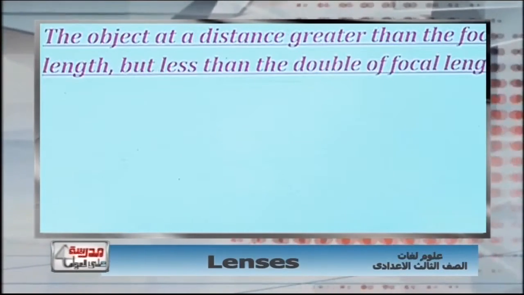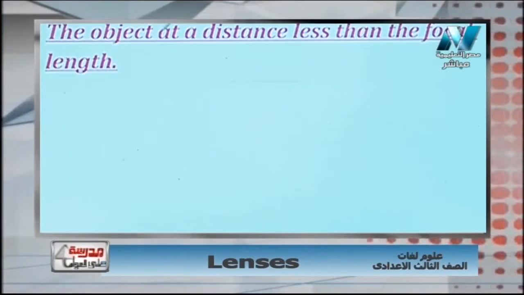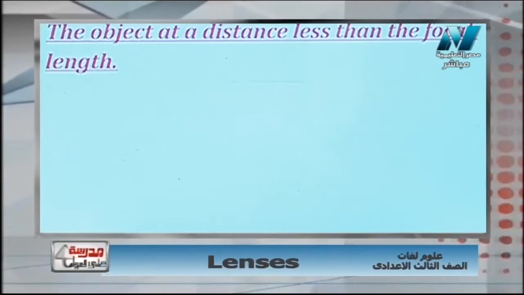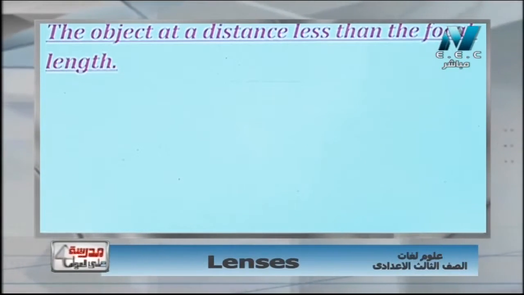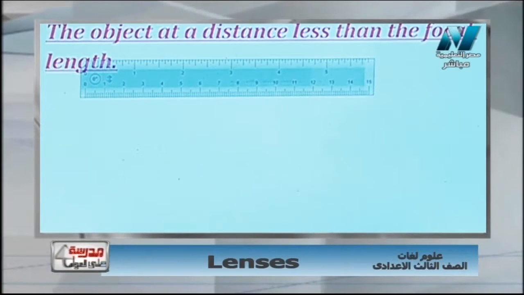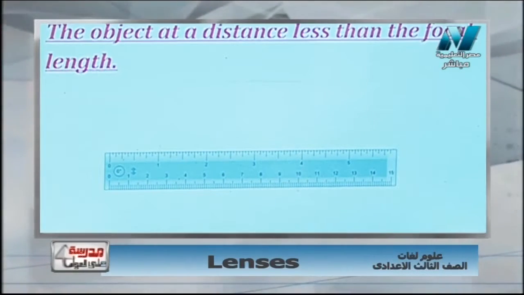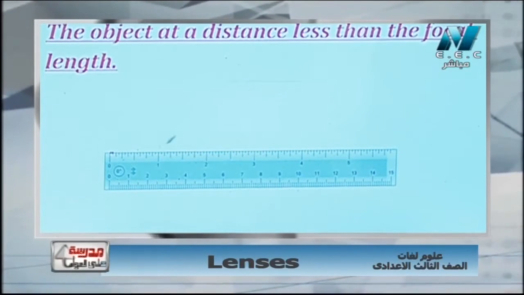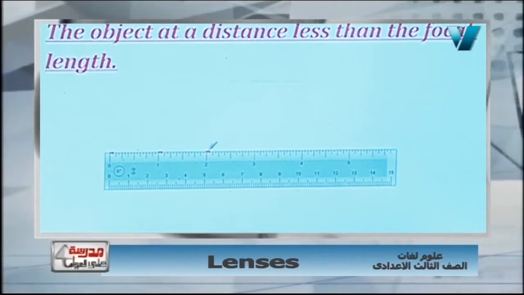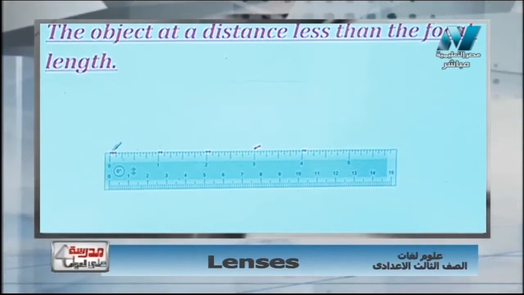Next problem. We can take this problem. Here it says the object is at a distance less than the focal length. Less than the focal length. We will use our ruler to measure 4 equal distances: 0, 3, 6, 9, and 12.